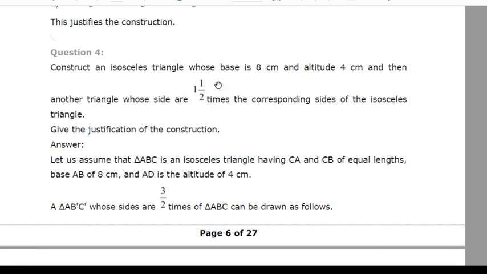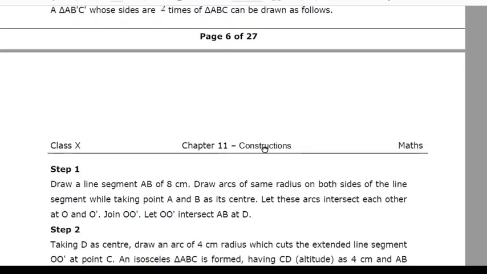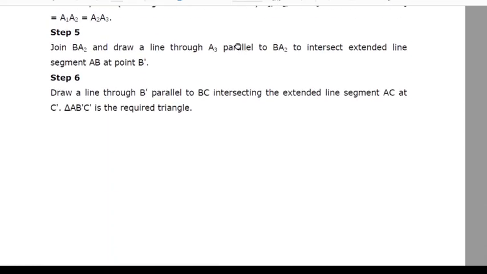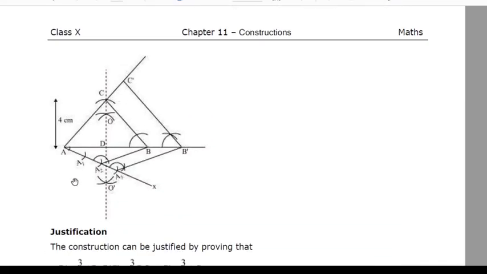It means here again you need to get a larger, bigger triangle. How can you get that? Just simply make 3 equal parts, and 2 of them are your original parts, which we have to join.